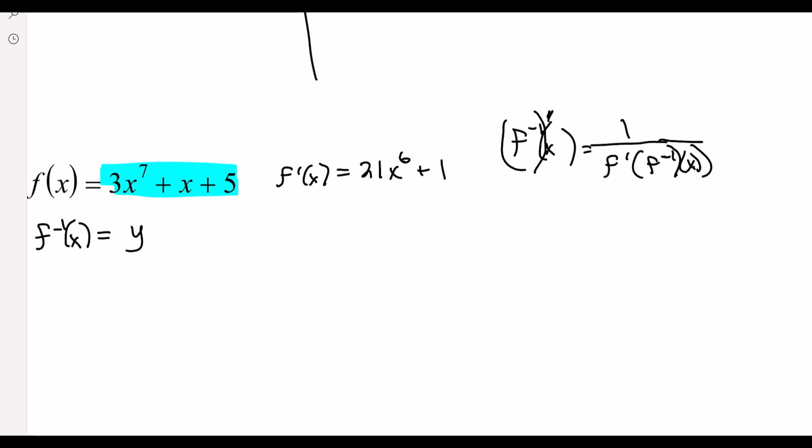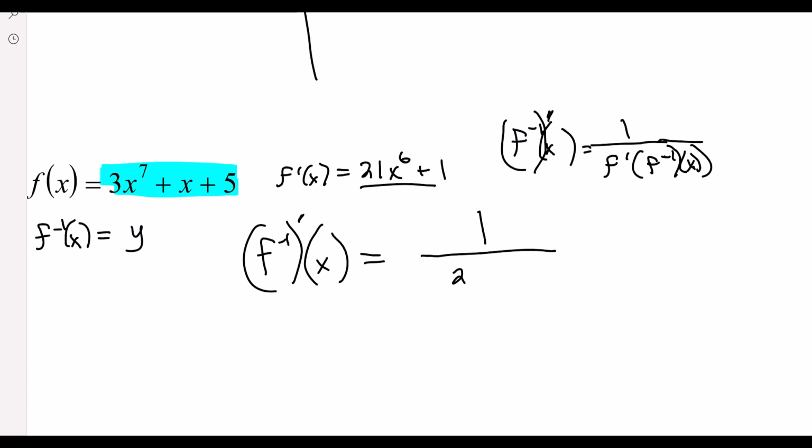Okay, so now we can get started. The derivative of the inverse is 1 over, the outside is the derivative, so 21x to the 6th plus 1. Well, the inverse function, remember, goes everywhere there's an x.